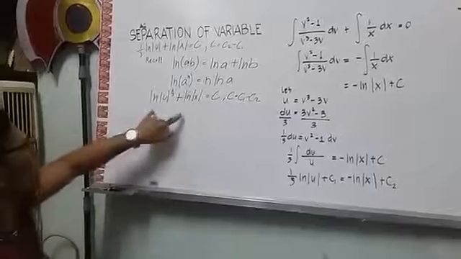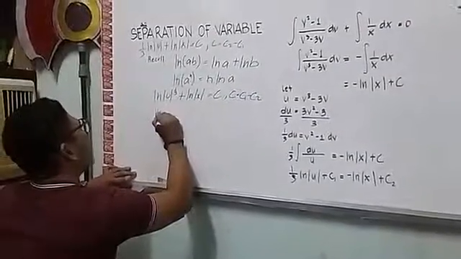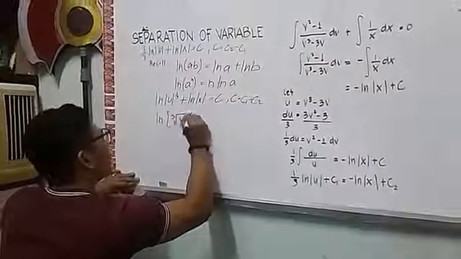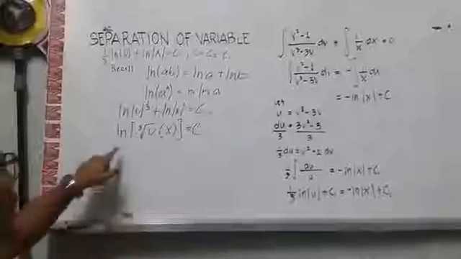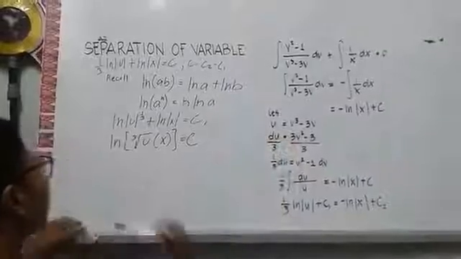So let's transform this equation using this property, which is ln of cube root of u multiplied by x equals c. Then let's substitute u, which is v cubed minus 3v.